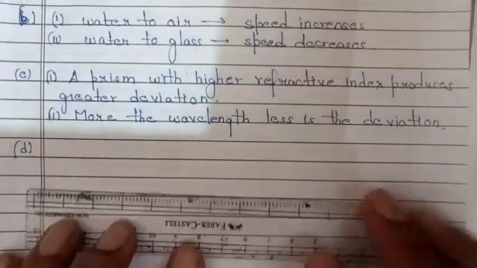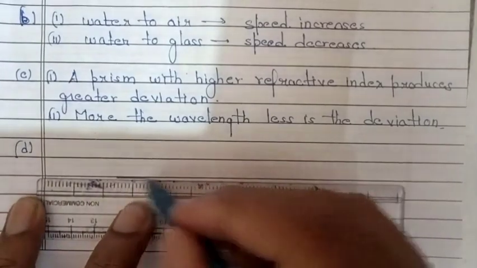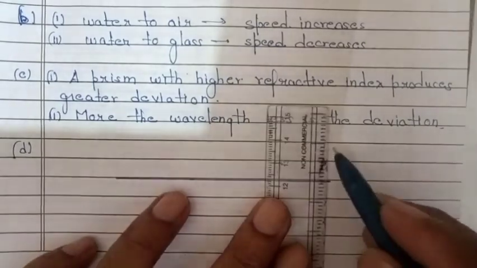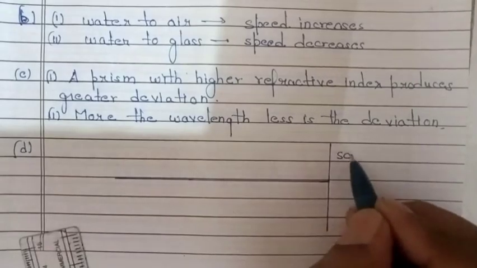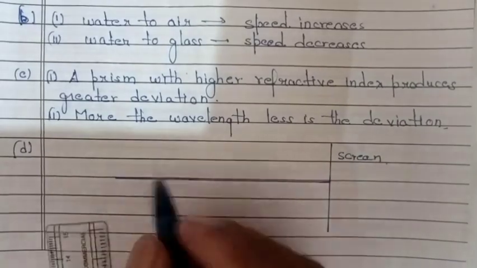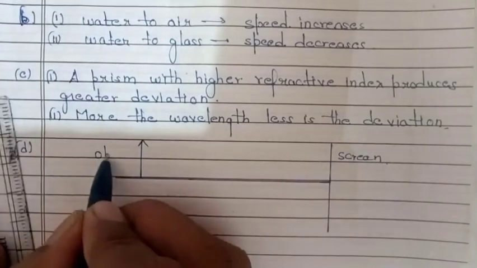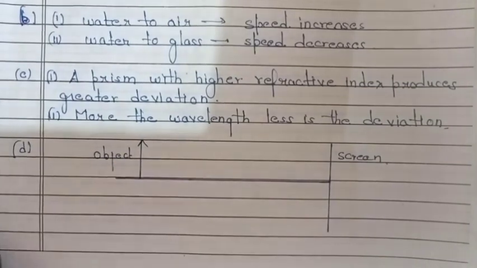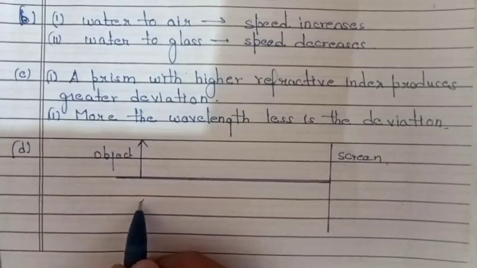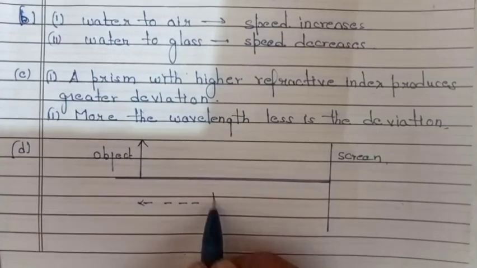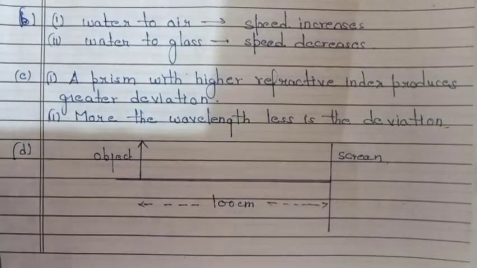So in the figure, let us mark this as a screen, and here let us mark an object. According to the question, the distance between the object and screen is 1 meter, so you can say that this distance is 100 centimeter.